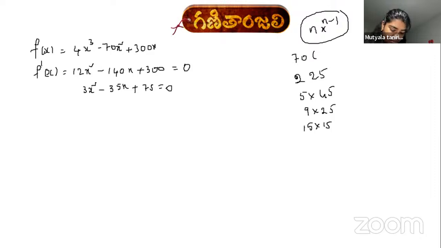Even then we can't get factors. Of course we can't get factors, we need to get the roots. We need to use the quadratic formula.